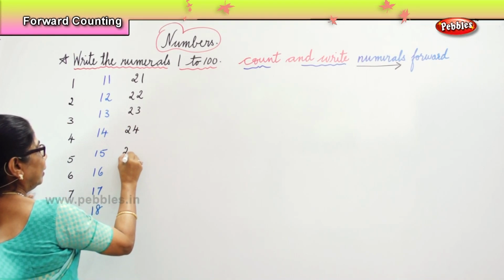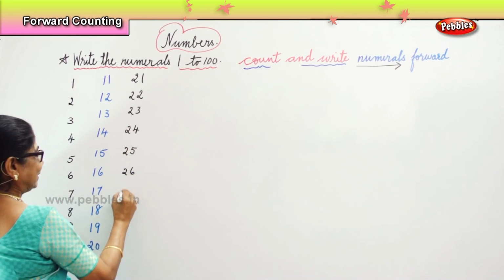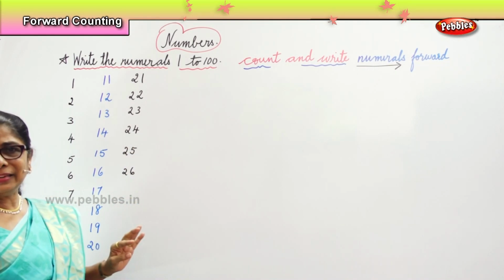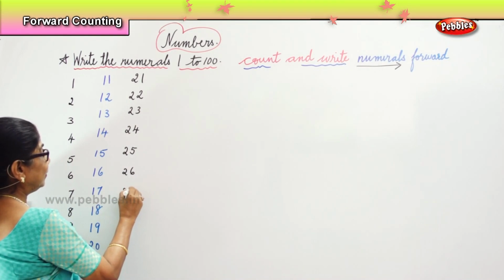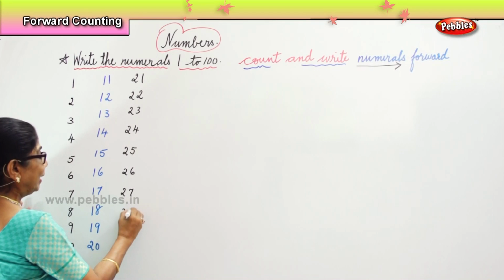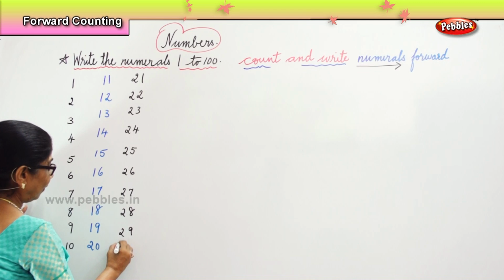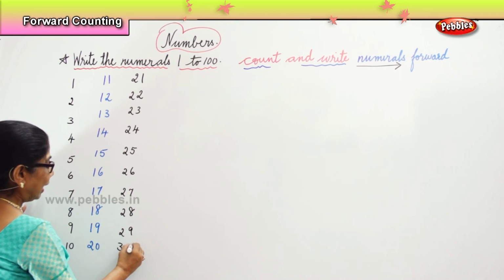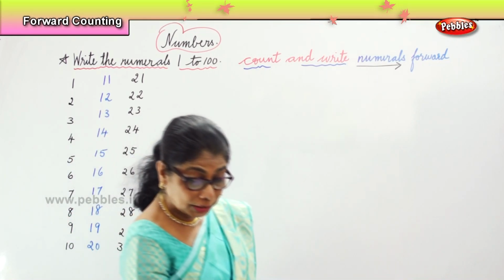Perfect writing. 25. 26. Counting. Writing numerals forward. 27. 28. 29. 30. We counted and we wrote numbers forward 1 to 30.